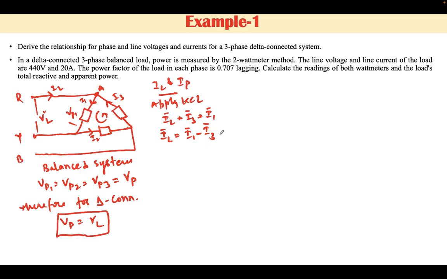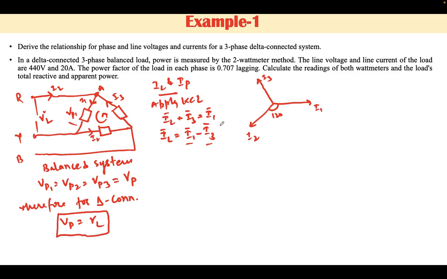Now knowing the phase relationship between these three phases, let's consider this is I1, this is I2, because this is a three-phase system, and hence the angle between these three phases is 120 degrees. Now in this case, we have to find out the phase difference between I1 and I3.